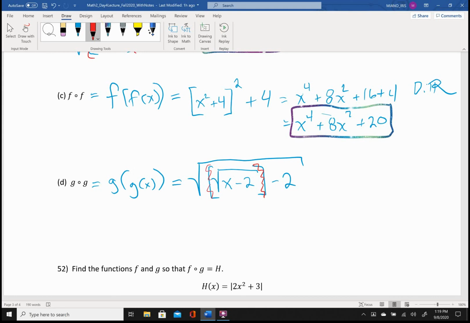So you may be wondering, well, how do I deal with this in regard to determining the domain? Well, you will want to take this bit right here, the radicand of the outermost square root, and you want to set this greater than or equal to 0, right?